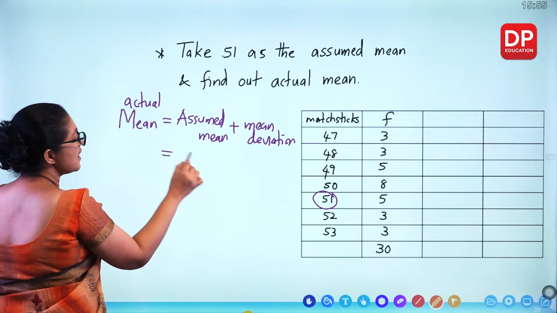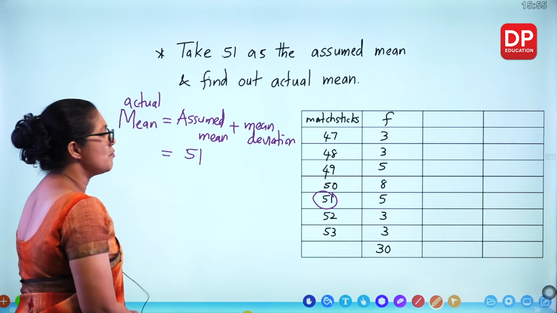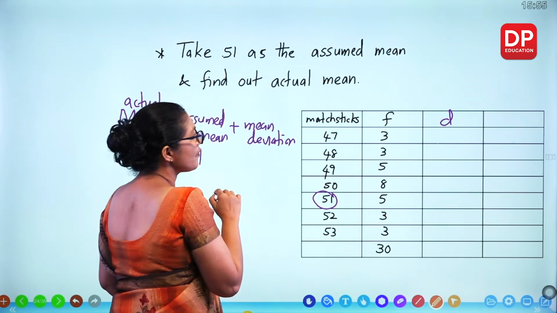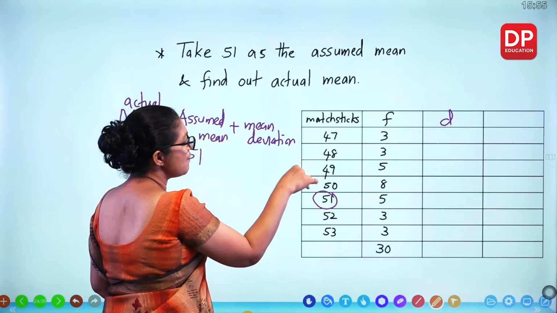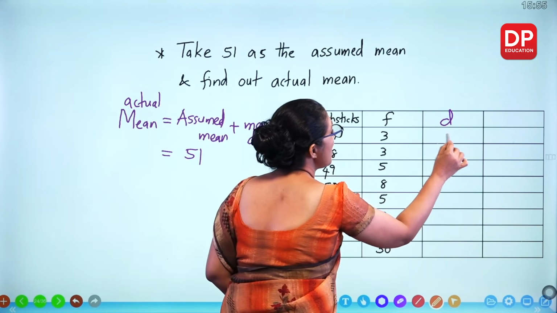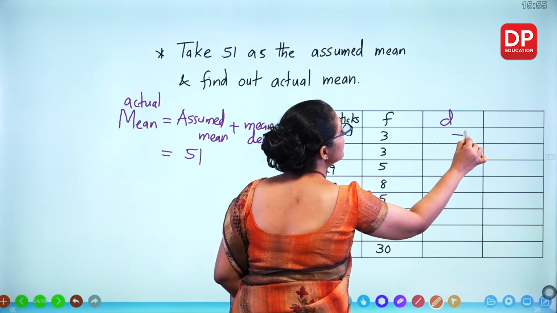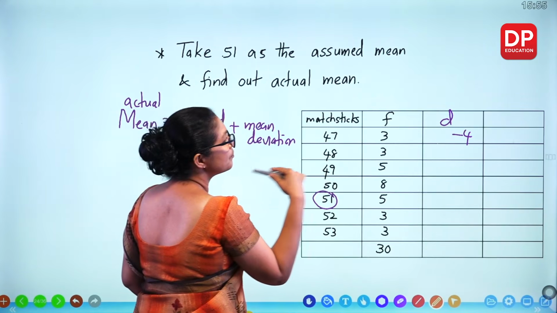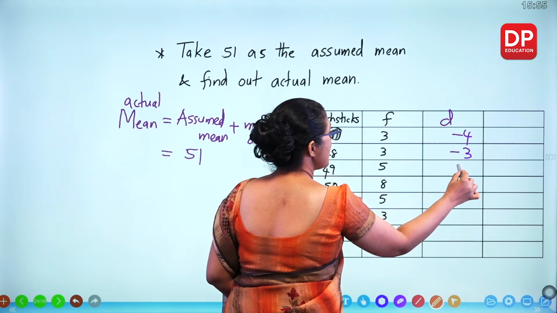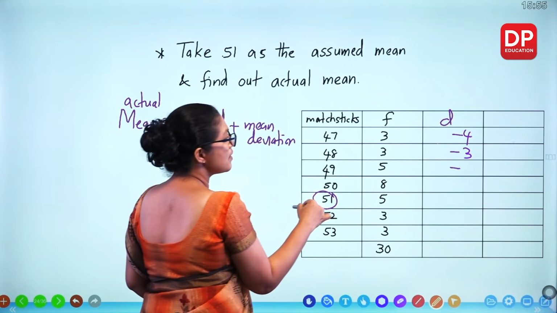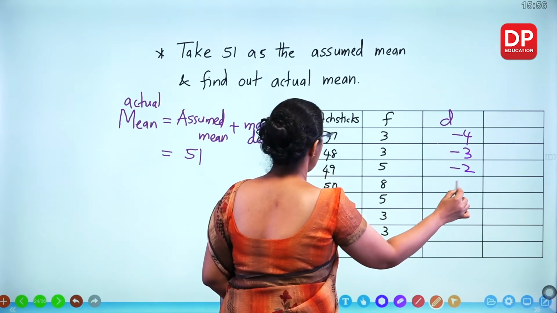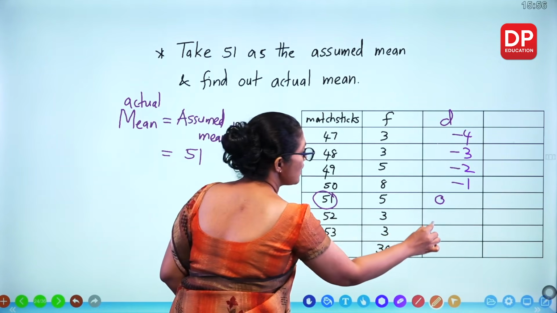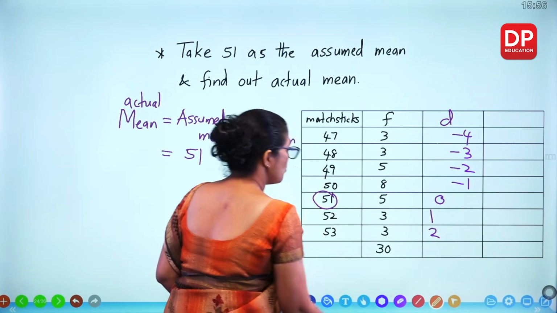Now we have taken 51 as the assumed mean. Now we'll try to find the deviation. 47 and 51, you get minus 4. 48 and 51, minus 3. 49 and 50, minus 2, minus 1, this is 0. And this is plus 1, plus 2.